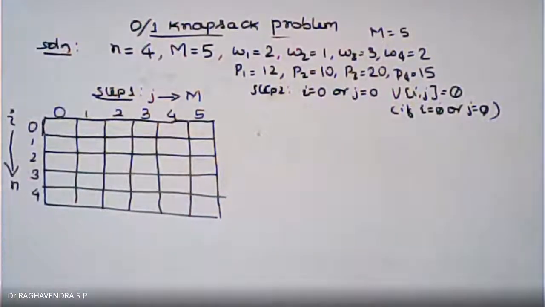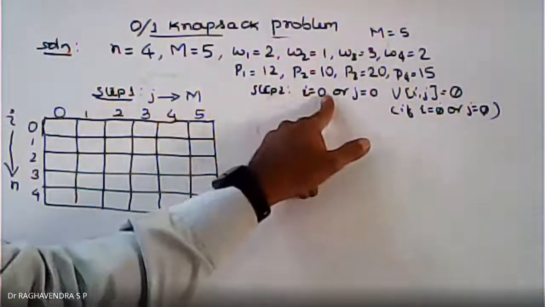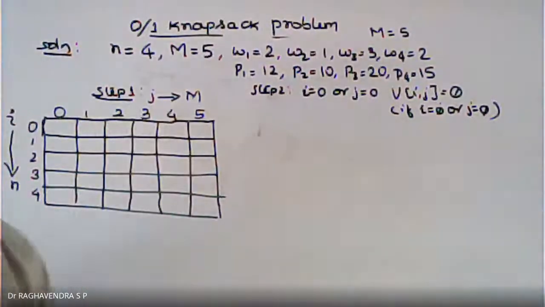Write in brackets: when no objects are there, close the bracket, irrespective of the remaining capacity J.